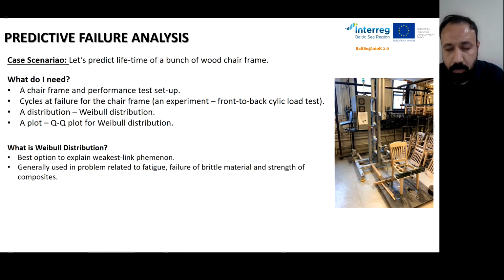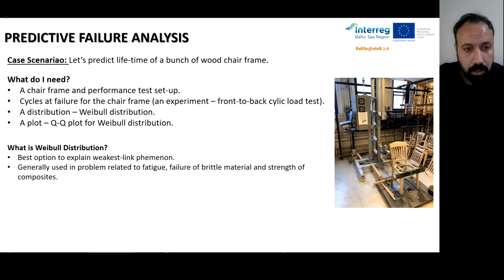This plot is a QQ plot for the Weibull distribution. I will show you how to get this plot from our dataset in Excel. You don't need any software or statistical tool for this. Excel is enough to find the life cycle of your product.